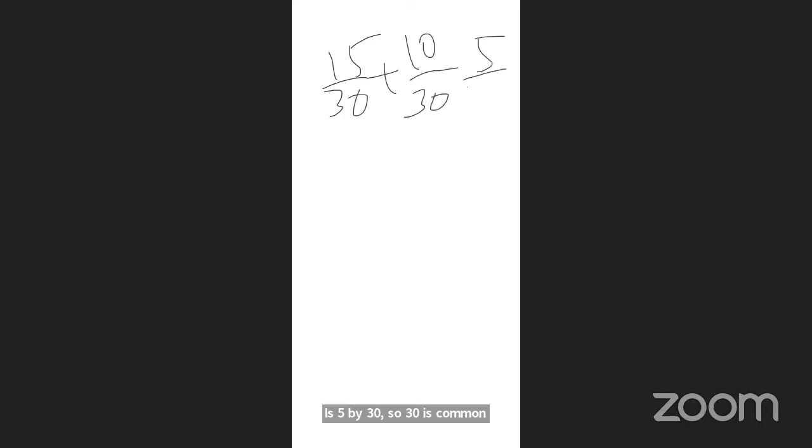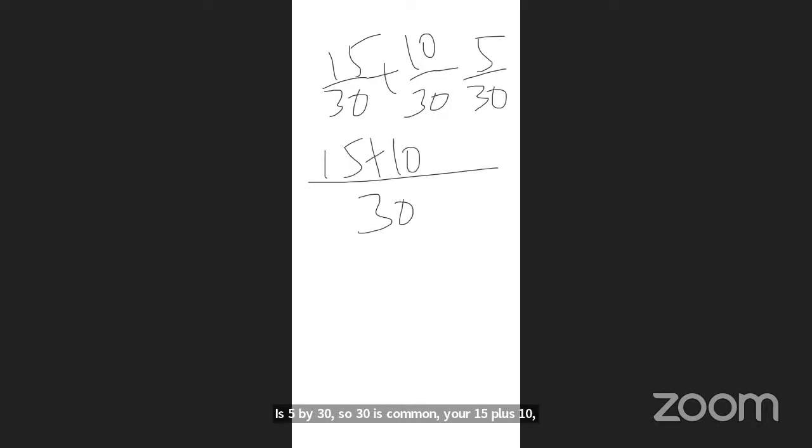So now when we work this out, we have 15 by 30 plus 10 by 30 minus 5 by 30. So 30 is common. 15 plus 10 minus 5, which is equal to 20 by 30, right?